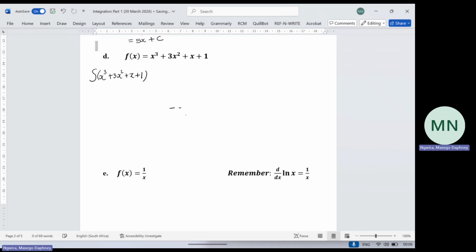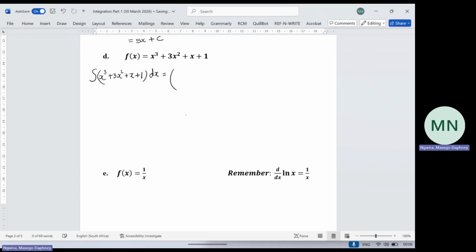We're integrating this with respect to dx. So we're going to do it one by one. It's what we've been doing all along. Okay, so we're going to integrate each and every one of them. So I'm just going to put them in brackets.